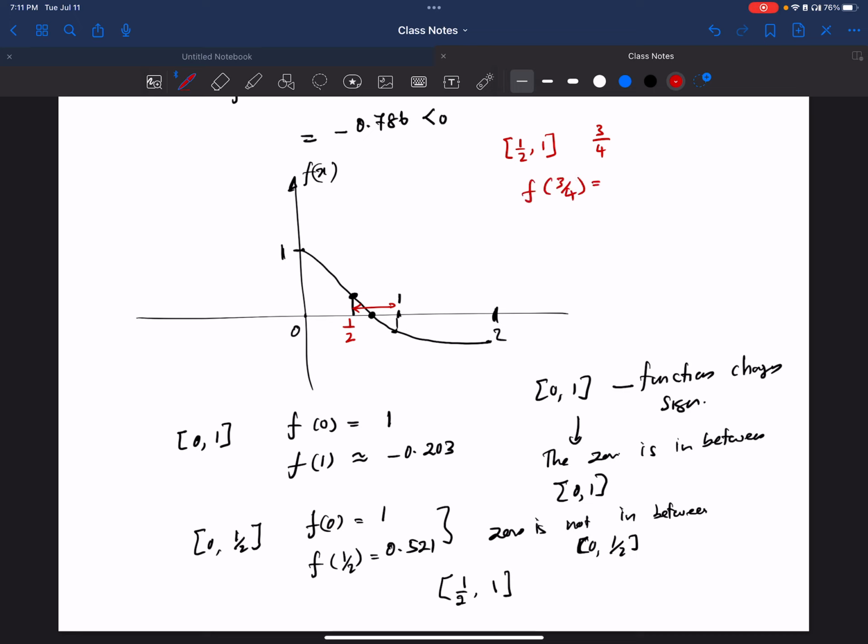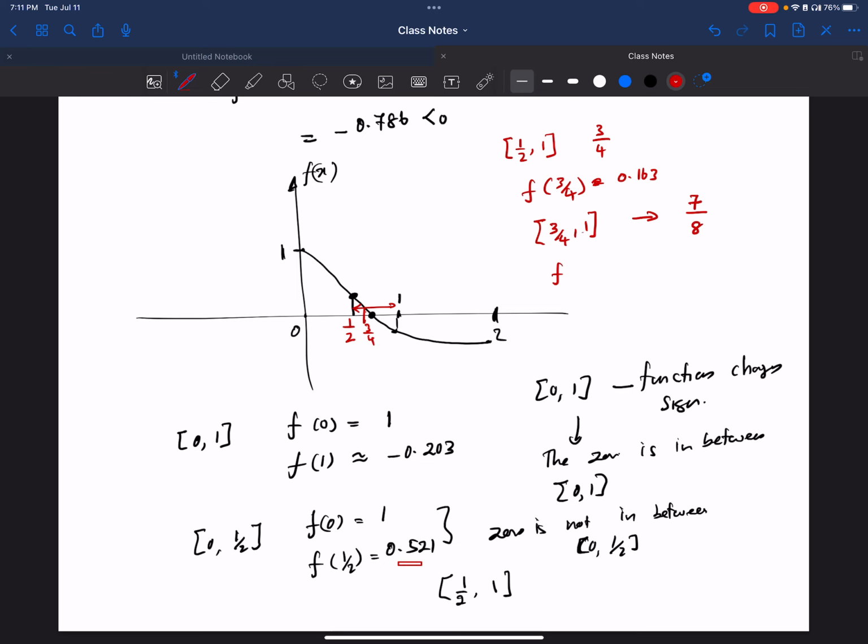You will see f of 3/4 is roughly 0.163. Now f of half is also positive, right? So from half to 3/4 the sign doesn't change. So the 0 is in between 3/4 and 1. Now, what is the midpoint in between those two? The midpoint is 7/8.